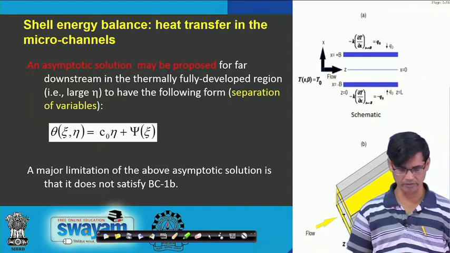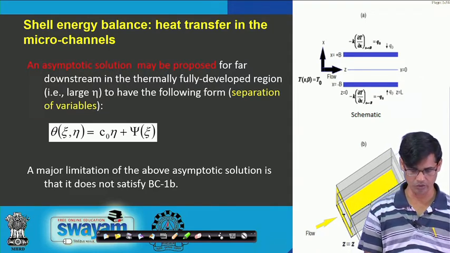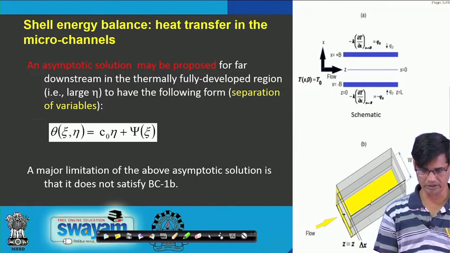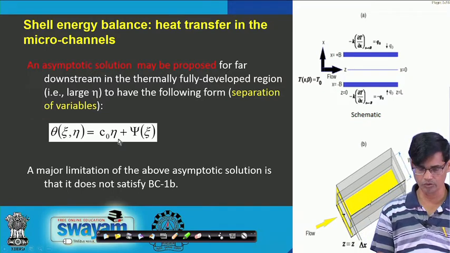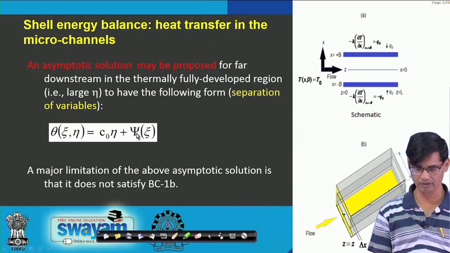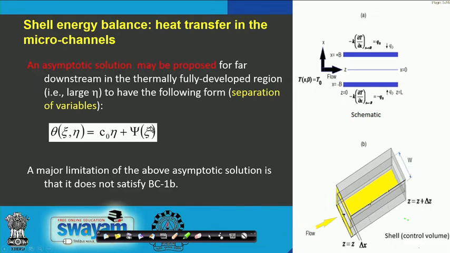We use this asymptotic solution, theta equal to C_0 eta plus f of zeta. This is proposed based on the assumption that we have a fully developed region at a certain length, for which eta has to be large.